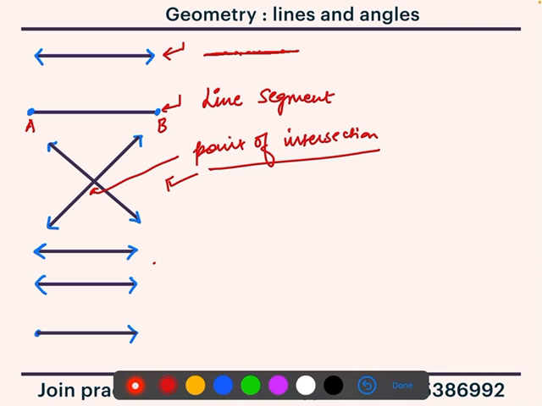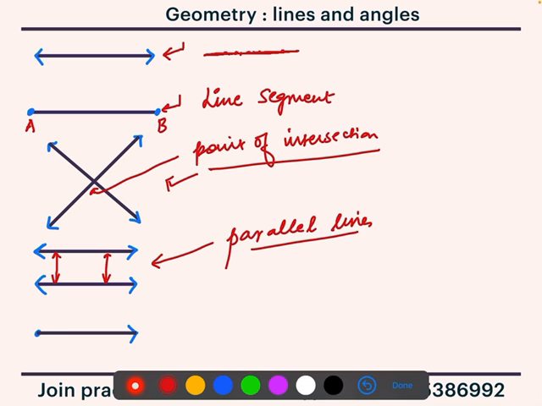Then we have a set of parallel lines over here. Now, what are parallel lines? Parallel lines are those lines that have a constant distance between them. So these lines would never meet in near future, or maybe they never meet actually. So the distance between these two lines is going to be constant throughout.